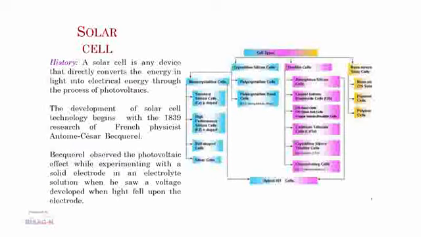Solar cell. History: a solar cell is any device that directly converts the energy in light into electrical energy through the process of photovoltaics.